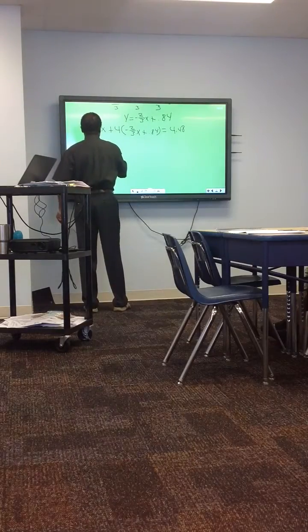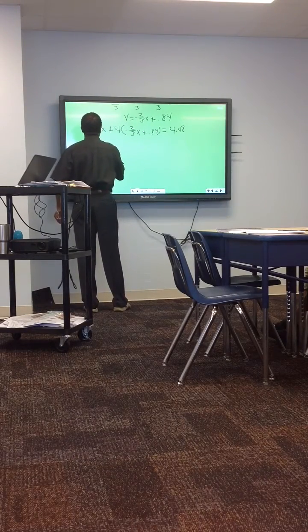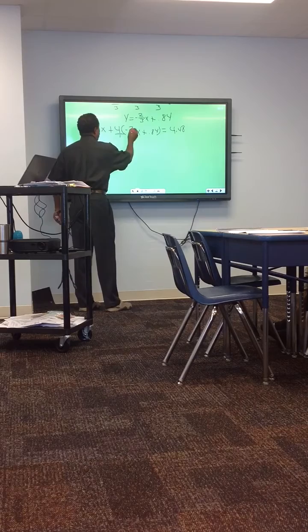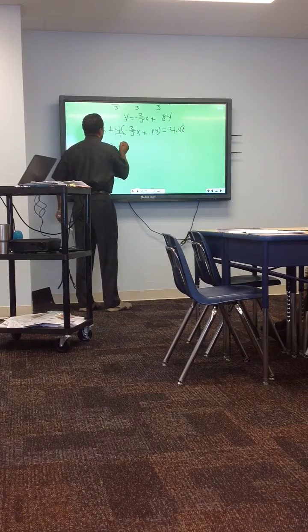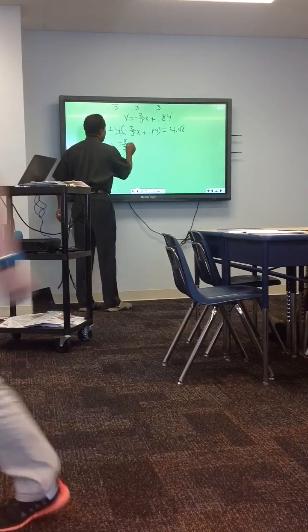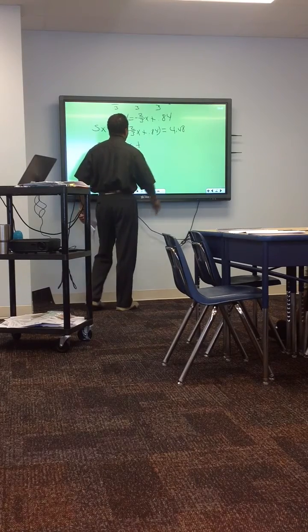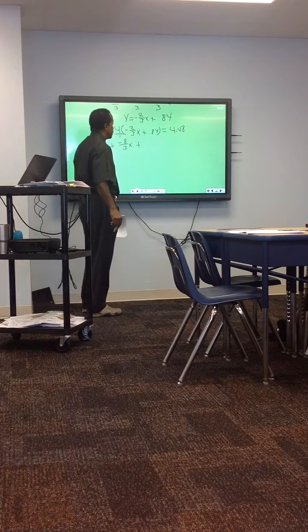So we have 5x plus, remember this is going to be 4 over 1. So we do 4 times negative 2, which gives us negative 8 over 3x. We'll go back and simplify it later. Plus, what's 4 times 0.84?